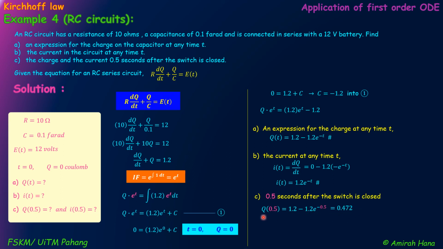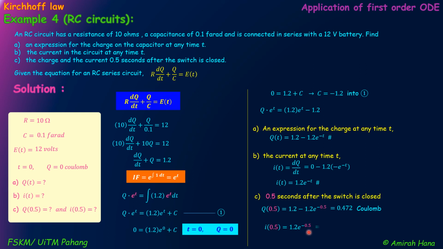The unit for charge is coulomb, so we put coulomb here. After that, we want to find I(0.5). I(0.5) means we replace t with 0.5 in I(t), so it equals 1.2 e to the power of negative 0.5.